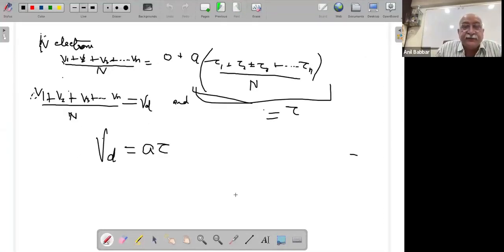So we can substitute this value over here: Vd equals Q E by m into tau. This is the drift velocity, right?